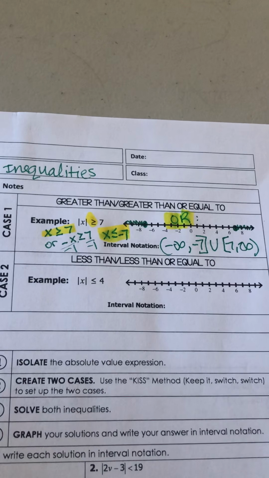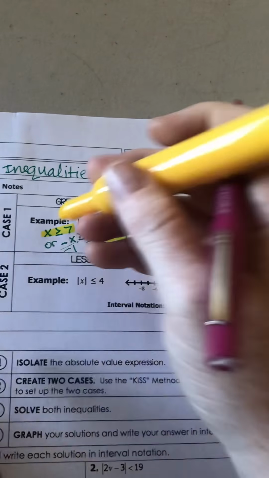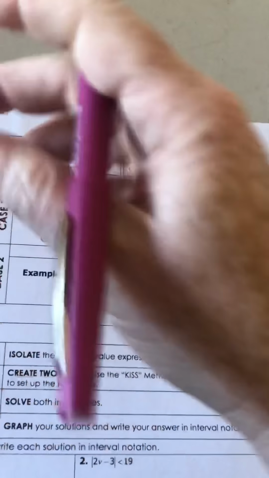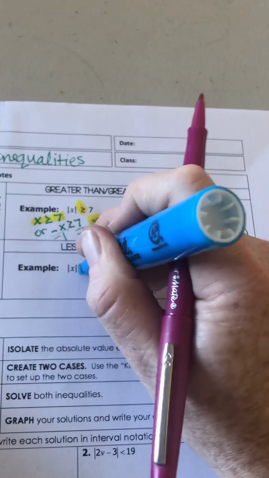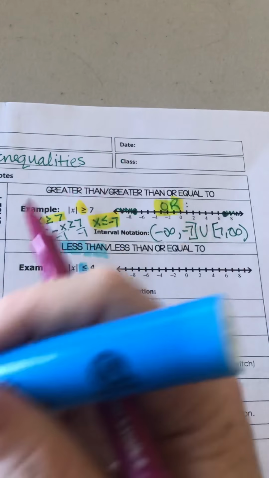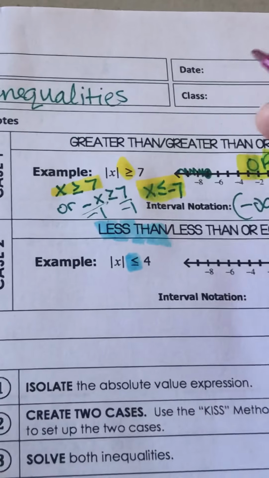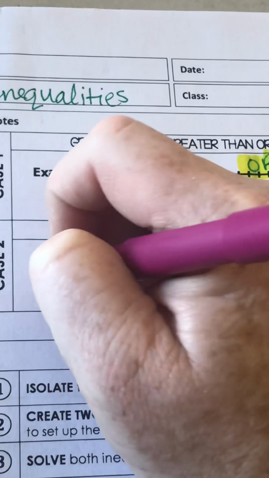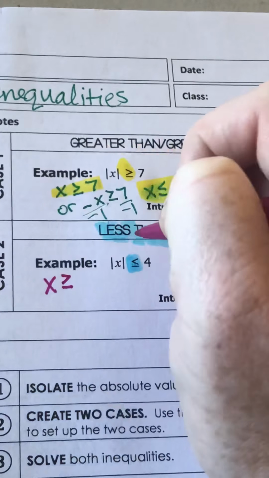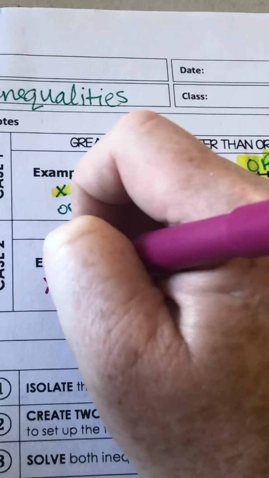Well, let's see what happens when we start with a less than. I'll use a different color here, less than. Okay, so let's see what happens there. When we split into two cases, we'll have x is greater than or equal to 4. Excuse me, same one.